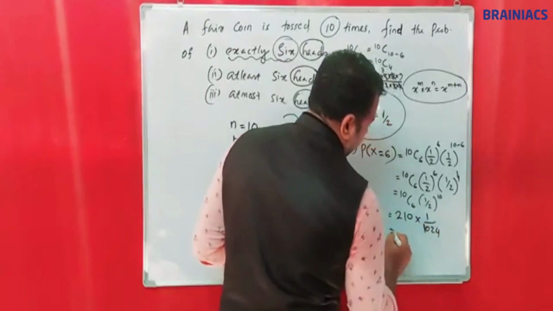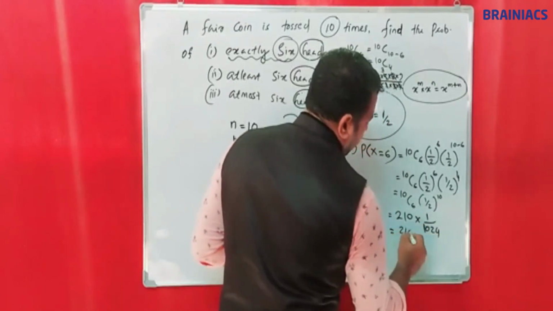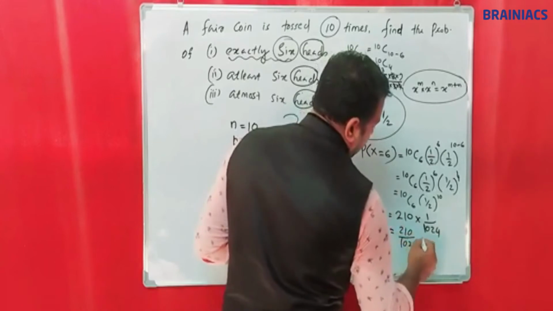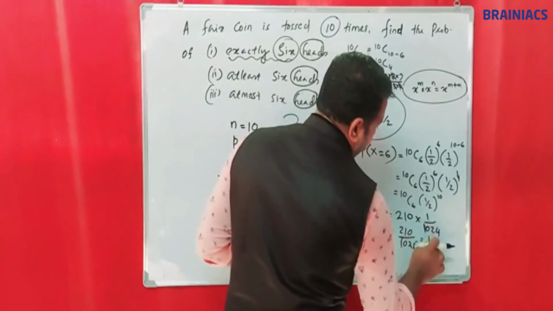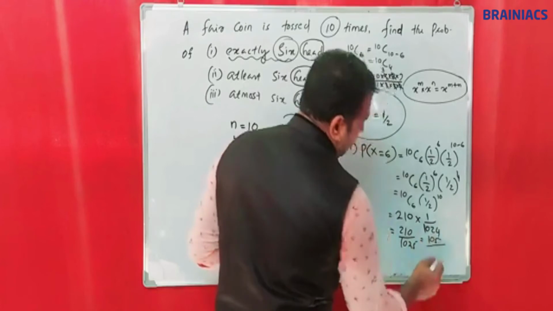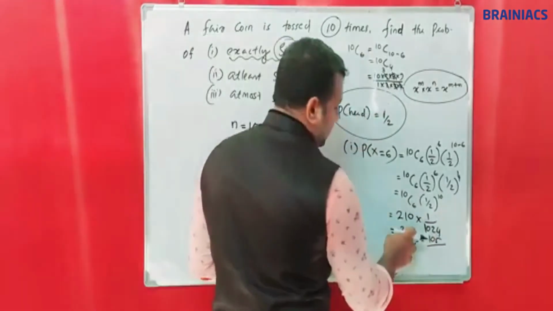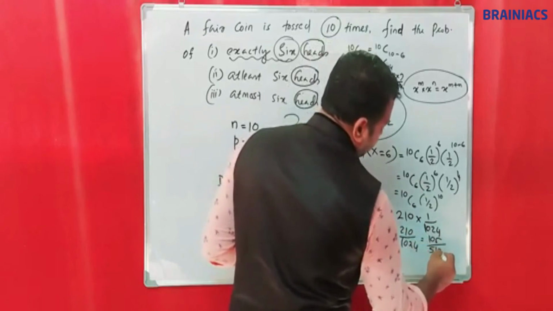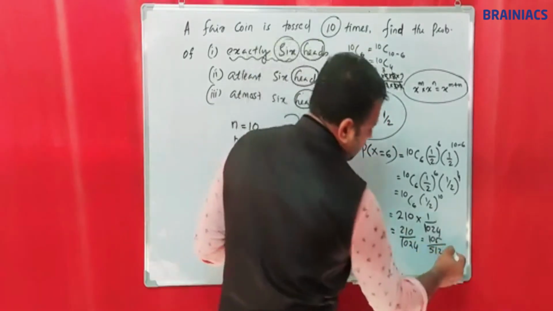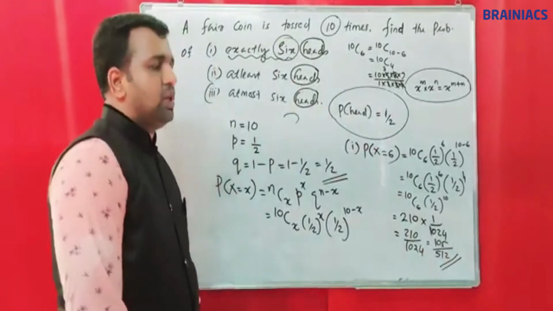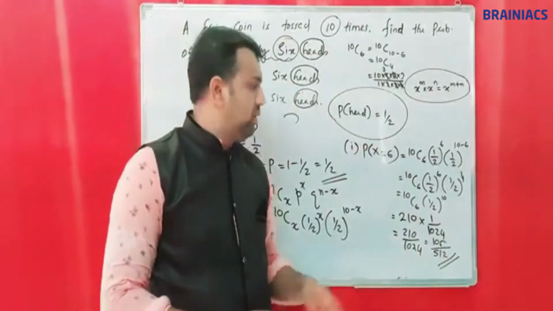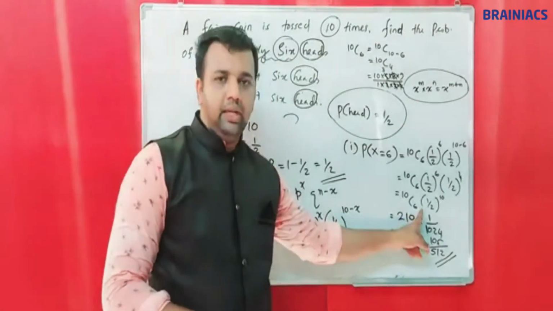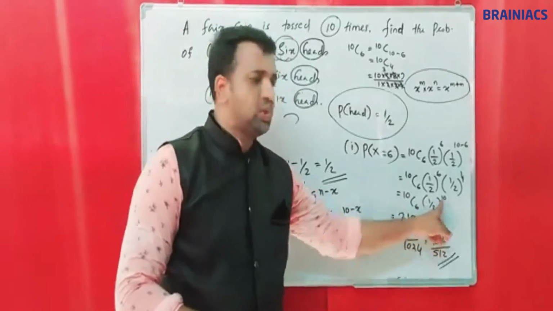So the answer is 210 by 1024, and dividing by 2 we get 105 by 512. You can also end your answer with 10C6, 1 by 2 raised to 10 itself.